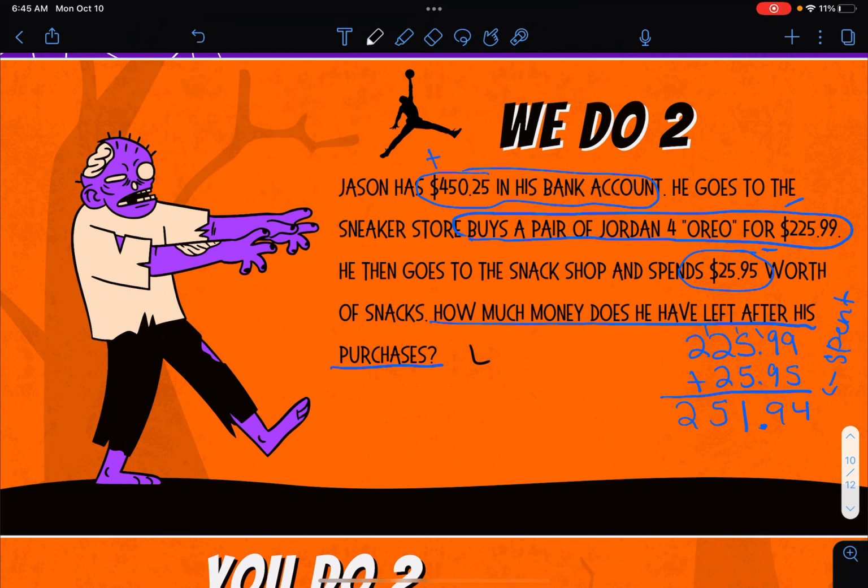So we're going to take 450.25 minus how much he had spent, which was 251.94. Go ahead and subtract those on your paper. You should be able to do that.